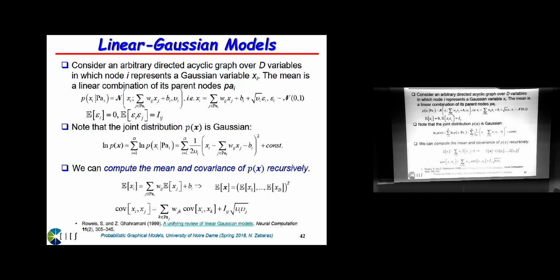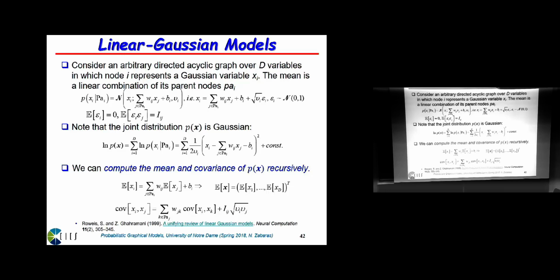It means we're going to take the mean of this conditional distribution to be a weighted average of the parents, plus some bias term, and then plus some noise. This is very generic, actually. This is what we call a linear Gaussian model.